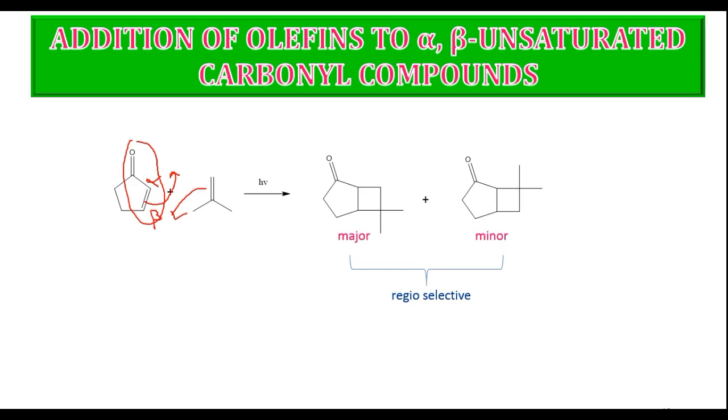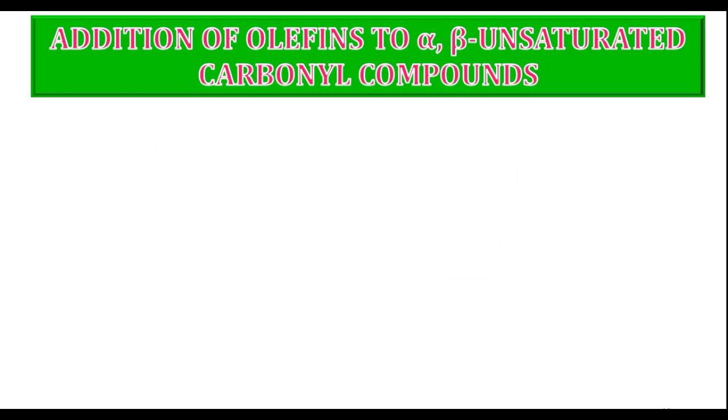So let's see why the first one is major, why the second one is minor. This can be explained by using the mechanism. We start with the alpha beta unsaturated carbonyl compound reacting with the olefin. When you irradiate with light, this molecule undergoes excitation, forming the singlet excited state.